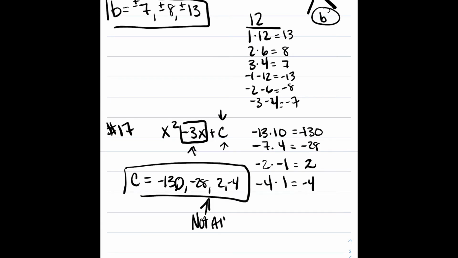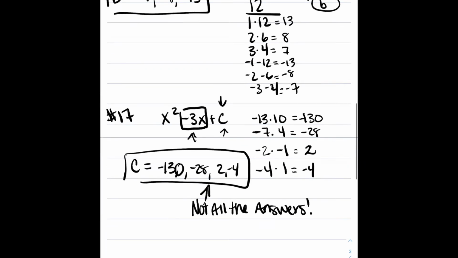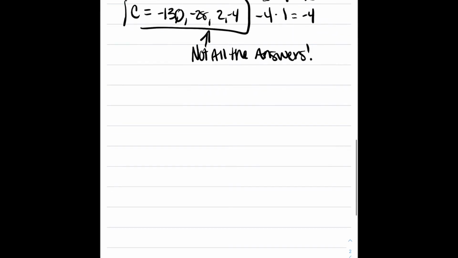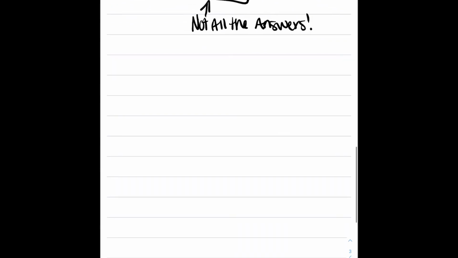These are not all the answers. There are infinitely many possibilities that we could plug in for c. But what matters is, do the two factors add up to negative 3? So your answers may not look like my answers on this problem.